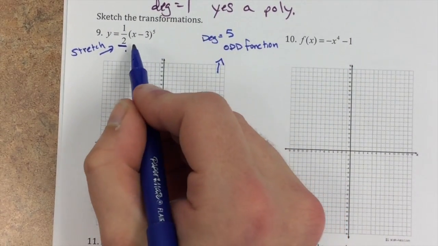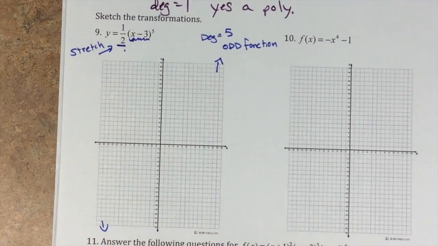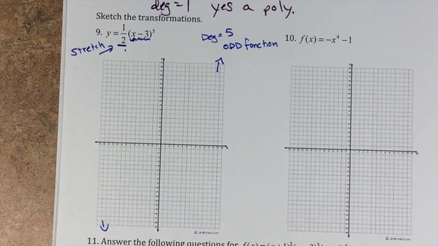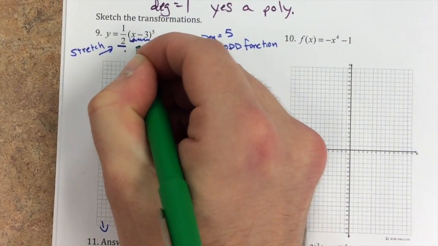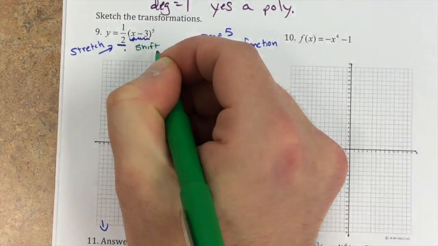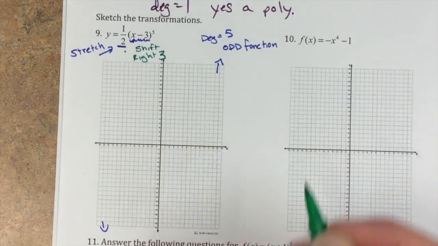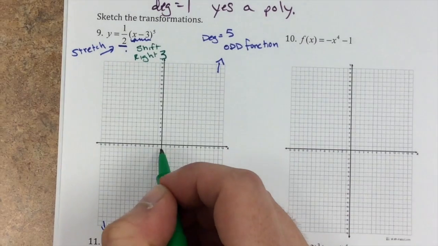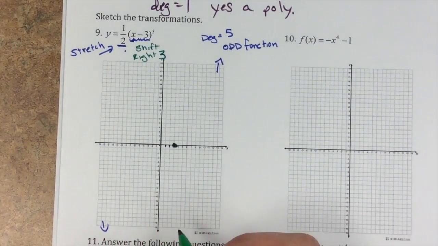The next thing we can look at is inside the parentheses. Inside the parentheses, we have our horizontal shift. So this is going to shift to the right 3. So I'm going to start at the origin, 1, 2, 3, place my dot.